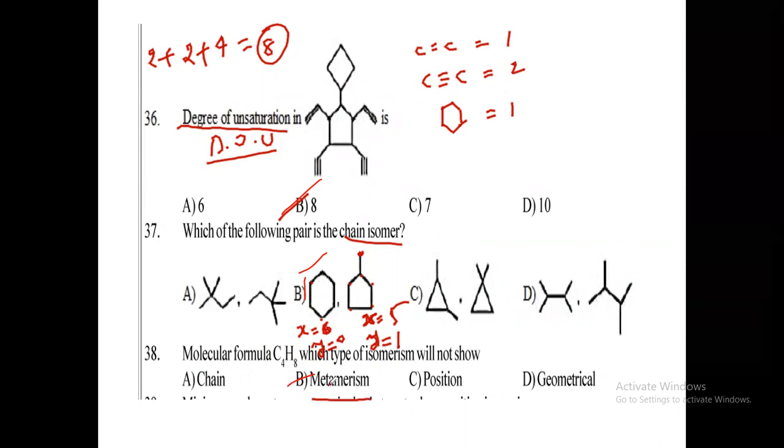For metamerism, what is the condition? A bivalent group should be there, like an O bond, a CO bond, or a COO bond. If a divalent group is there with different alkyl groups on either side, that will show metamerism. But in this case, metamerism is not shown by this one.